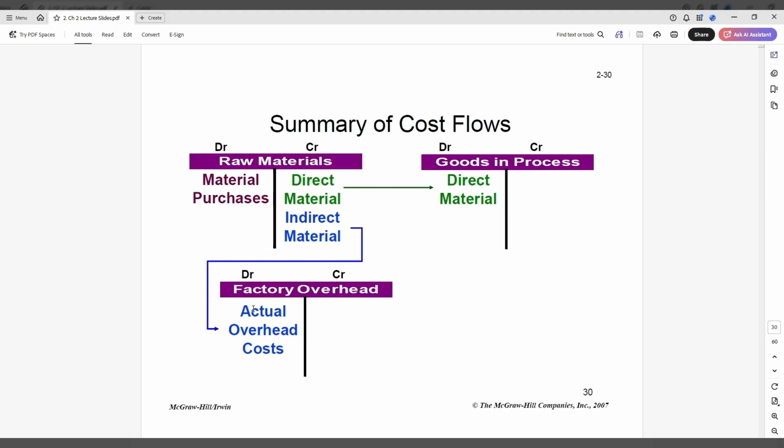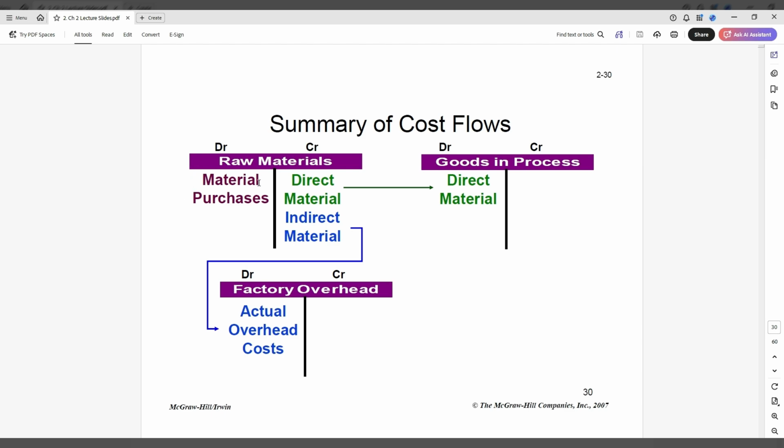Okay, so here's a little bit of a T account representation of this. We have raw materials, work in process, that term WIP, and then factory overhead down here. The debit that we see here is just the increase in raw materials.